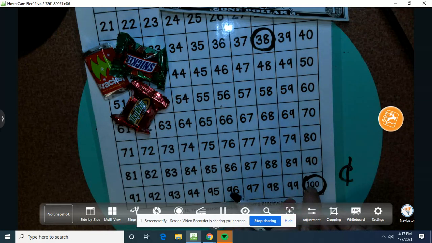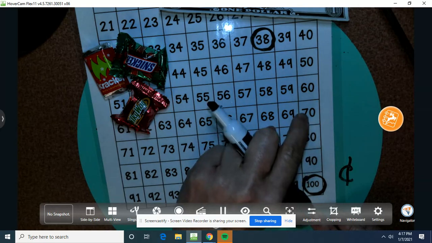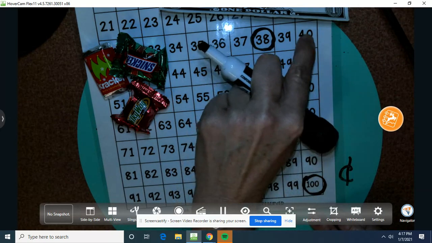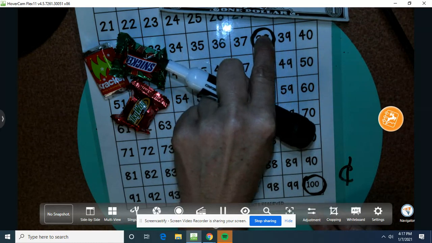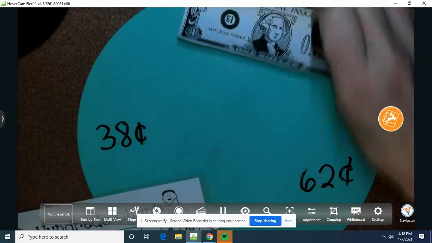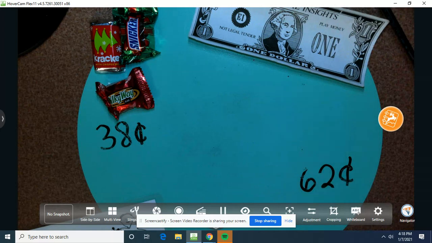So let's do that. 10, 20, 30, 40, 50, 60, 61, 62. She would still have 62 cents. Now look at that. I get the same answer. I just did it a different way. Right? So if I want to use my 100 chart, I can do that as well to find the answer.